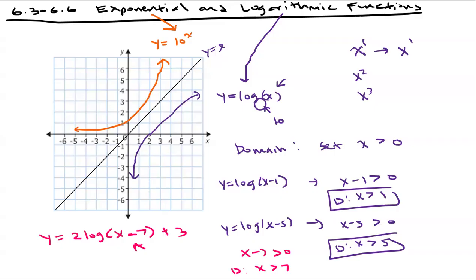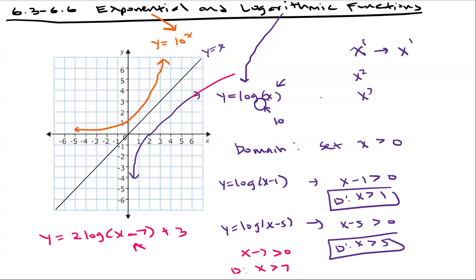Okay? What if it asks for, say, the range now? Well, let's go back to the parent function, y is equal to log of x. The range of this obviously goes down to negative infinity. In regards to the highest part, this graph will continue to keep going, even though it's going to be slow.